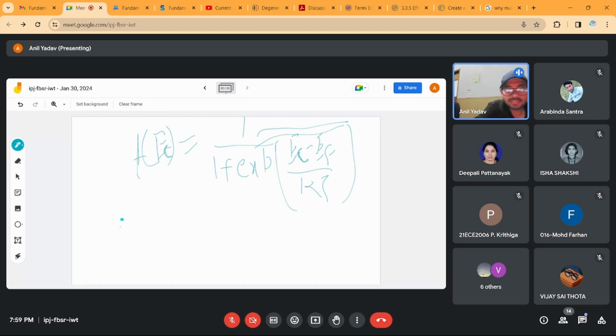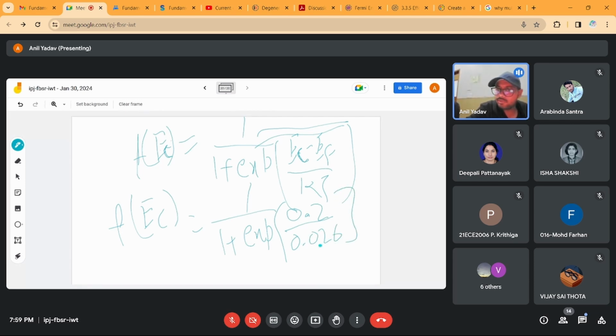So F of EC is equal to 1 over 1 plus exponential of the difference, EC minus EF, which is 0.2, divided by 0.026.